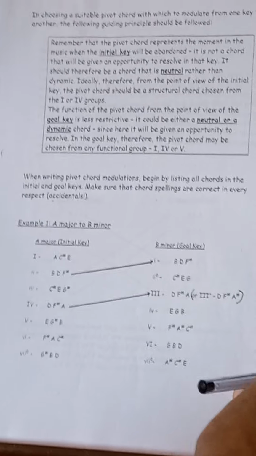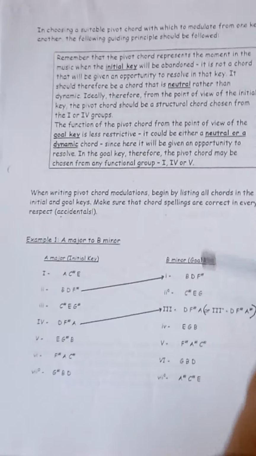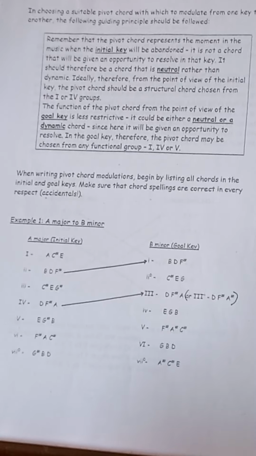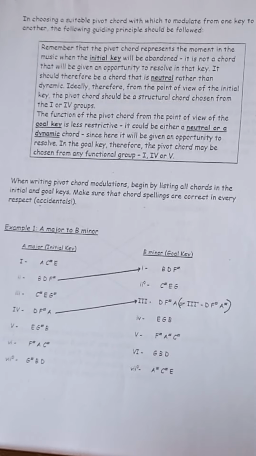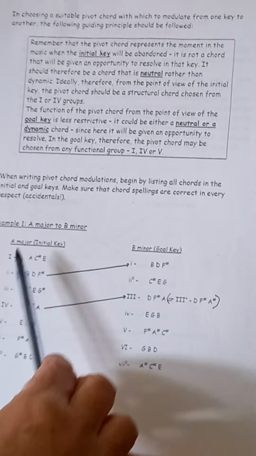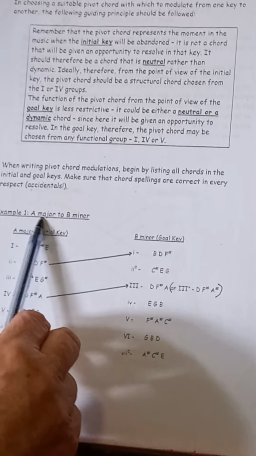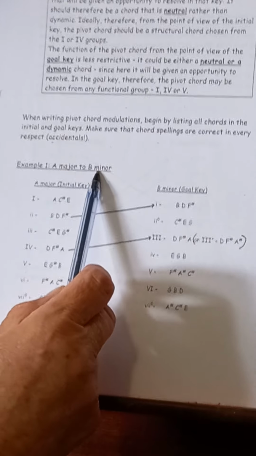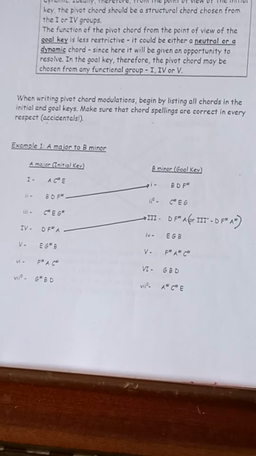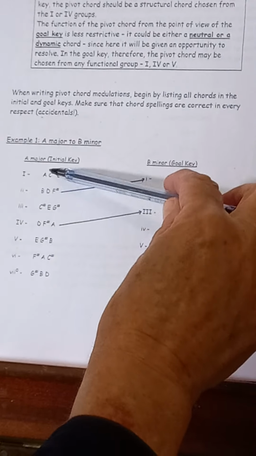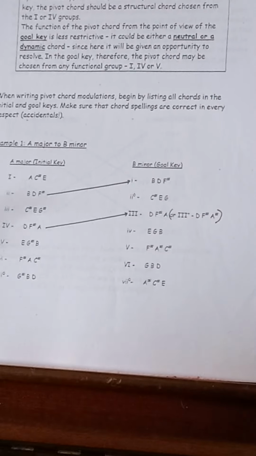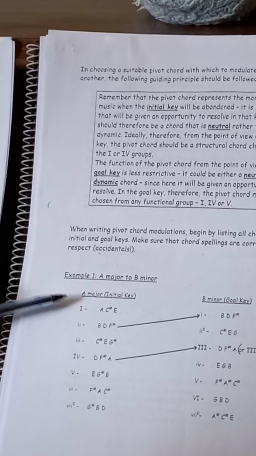So what you would do in order to determine how you can find a pivot chord by which to modulate, I've given you the example of, say you were in A major as your initial key and you want to get to B minor. You want to go to its supertonic minor key. So then you would list all the chords that you have in A major. You have an A, and this is where it's important to make sure that you spell the chords correctly.